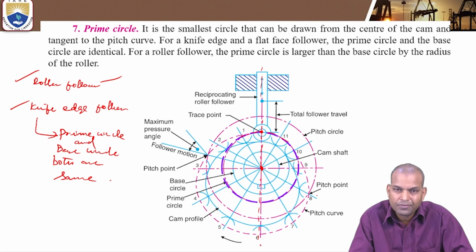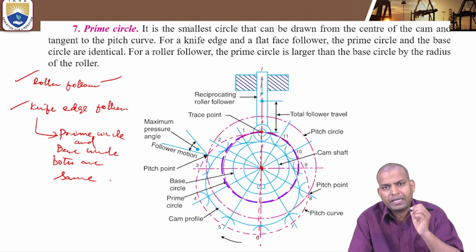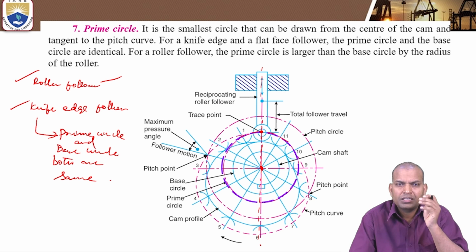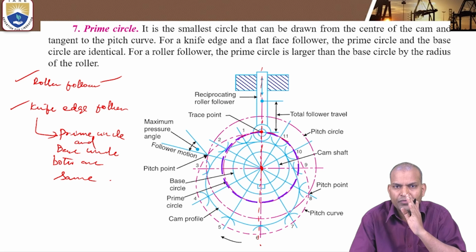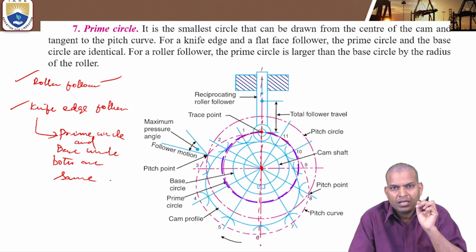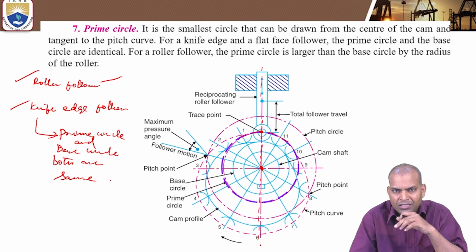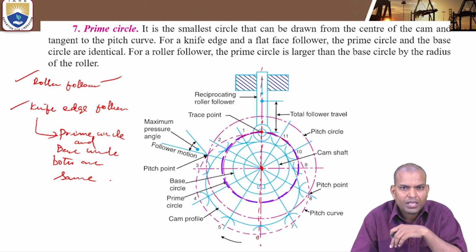That's why it is not offset. Offset by 10 millimeters means the distance between the camshaft axis and the axis of the follower is 10 millimeters. With that 10 millimeter distance we draw a circle. That circle is known as offset circle.